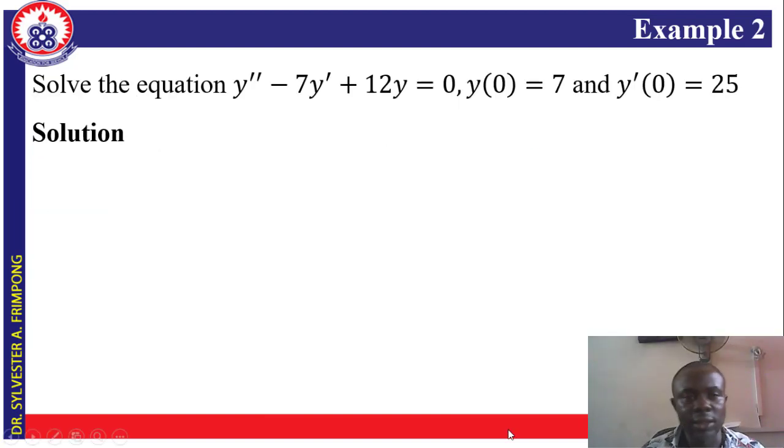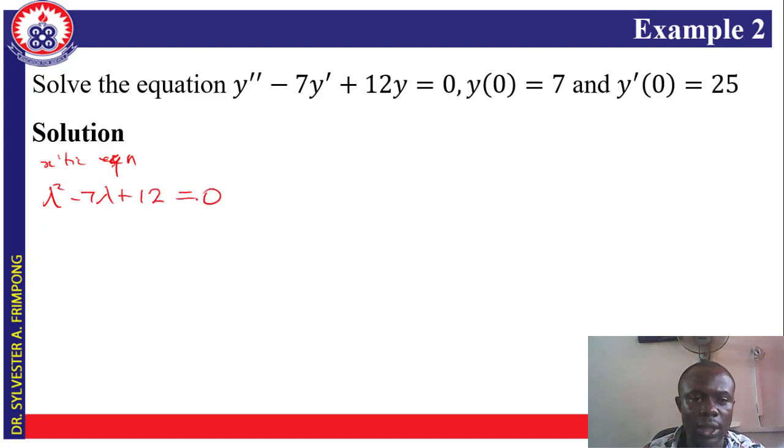Let's look at the second example. Solve the equation y double prime minus 7y prime plus 12y equal to 0 if the conditions are y of 0 equal to 7 and y prime of 0 equal to 25. We first start by looking at the characteristic equation, which is given by lambda squared minus 7 lambda plus 12 equal to 0.